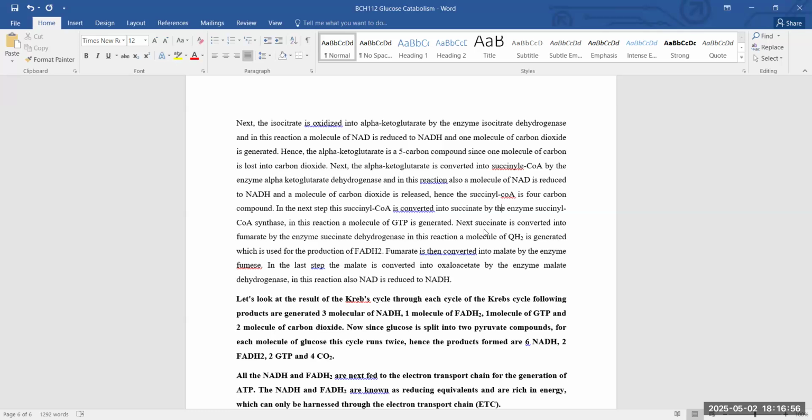So let me show you this slide that tries to explain the TCA cycle. There is this slide.